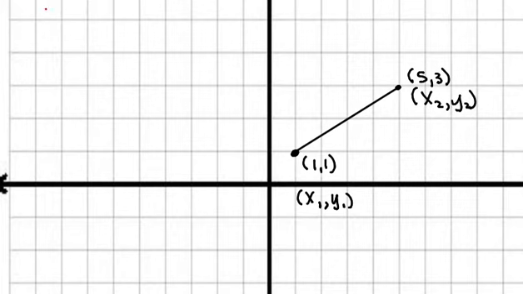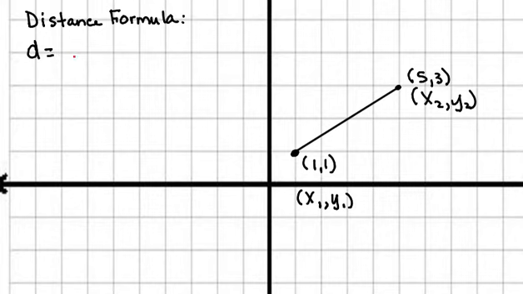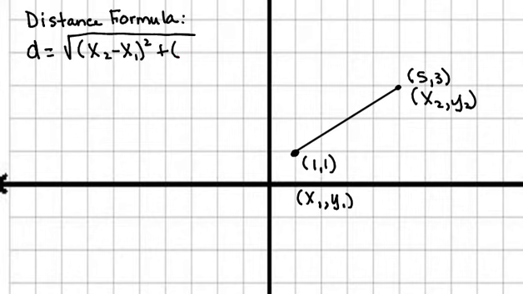So the first formula that I'm going to use is the distance formula. The distance formula states that in order to find the distance, I will take the square root of the quantity x sub 2 minus x sub 1 squared plus y sub 2 minus y sub 1 squared.